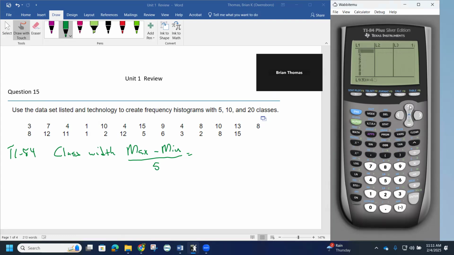So 15 minus 1 would be 14. 14 divided by 5 is what we need. If I quit this, I can go 14 divided by 5. That's going to give me 2.8, and we round up to the next whole number, which is 3.